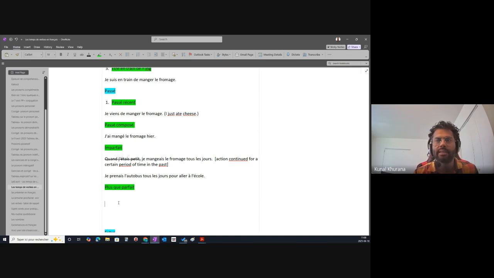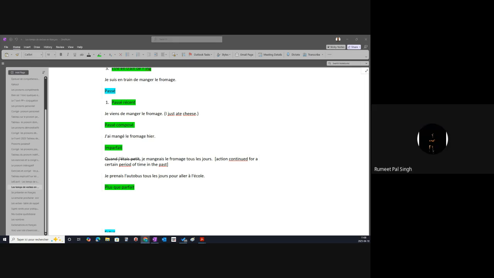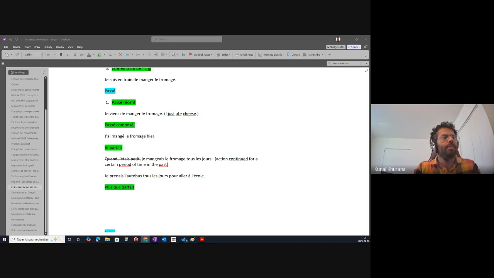How would we make a sentence in English that's in the perfect tense? Plus-que-parfait is the past perfect tense. So how would we make a sentence in past perfect?